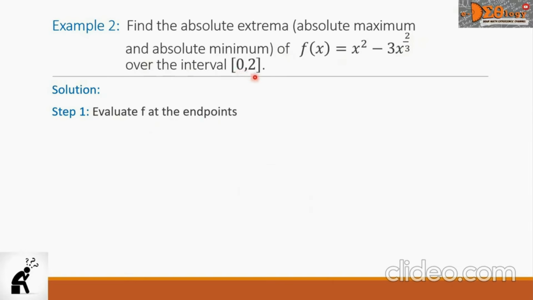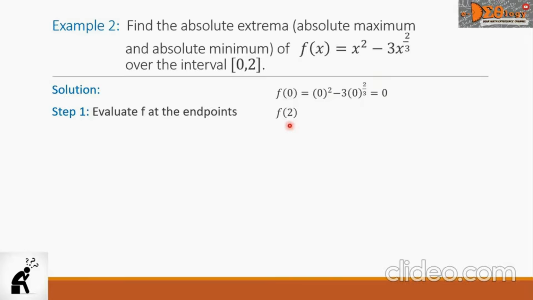Here are the endpoints. Let's begin with f of 0. And this is equal to 0 squared minus 3 times 0, raised to 2 over 3. Simplifying this, the value is equal to 0. So f of 0 equals 0.